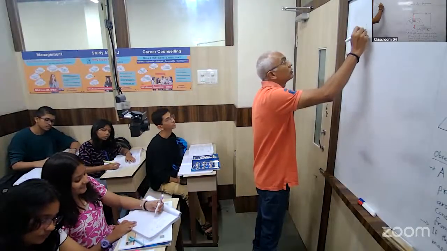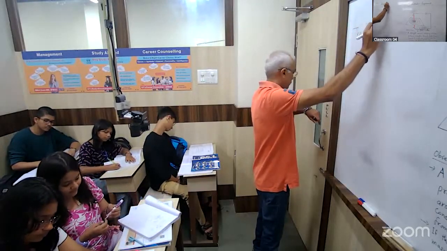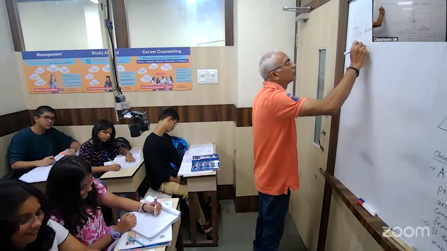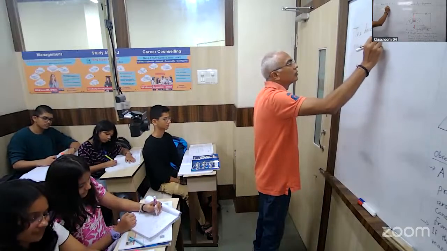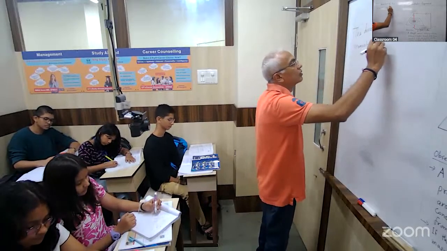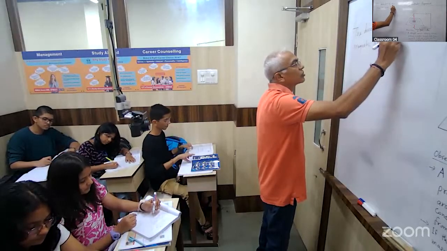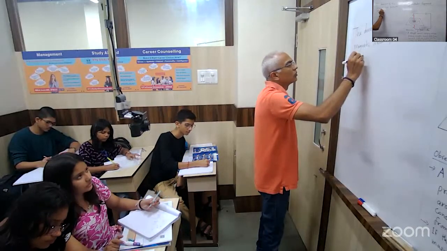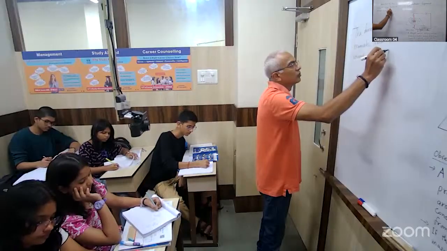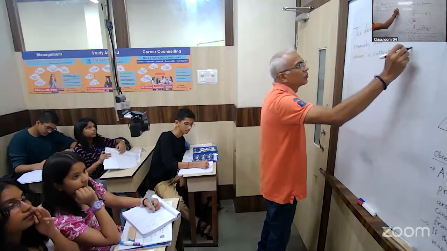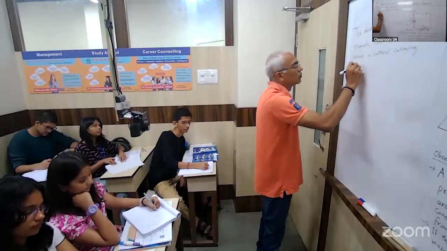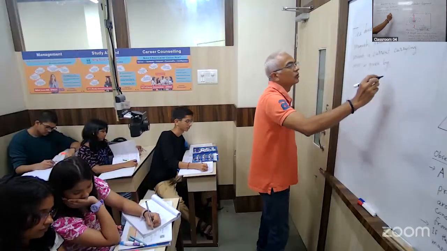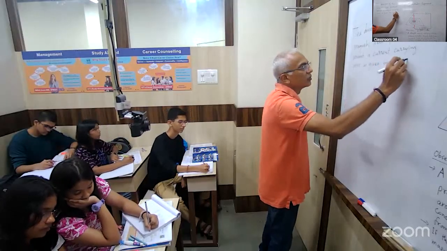The direction of the magnetic field produced by right hand thumb rule.